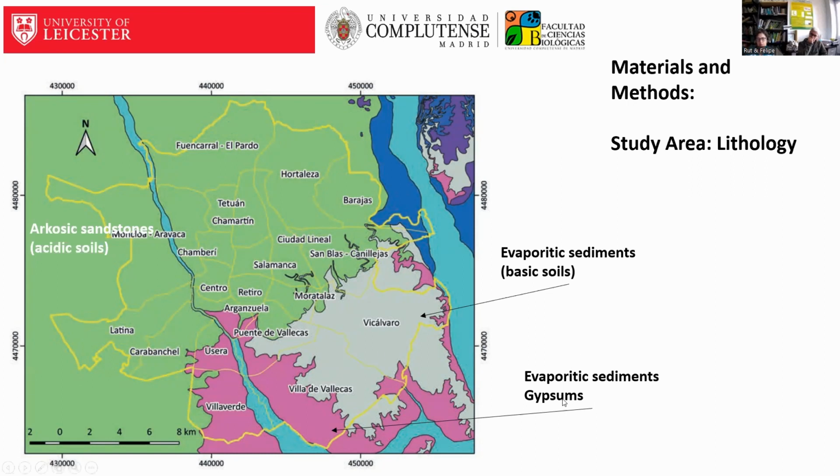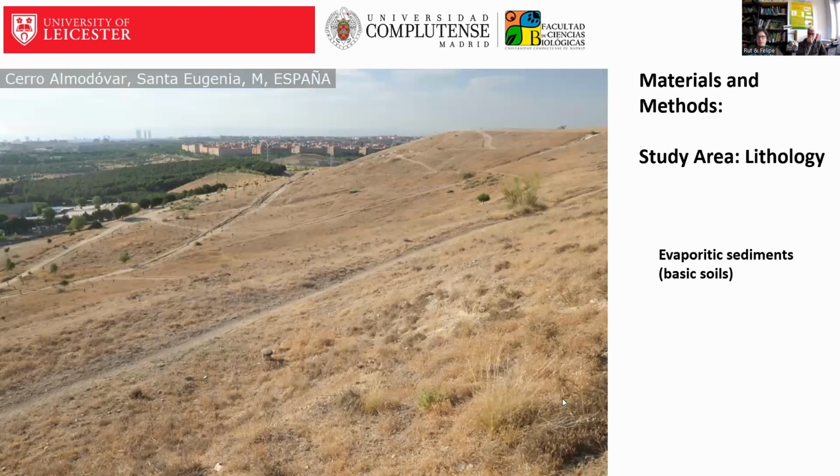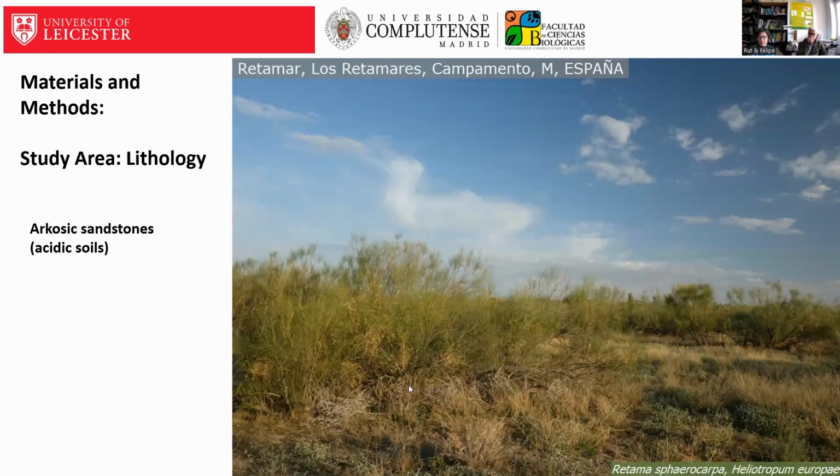We can even find gypsum, as Felipe said before. This is going to influence the flora that we find. For example, this is a landscape on evaporitic sediments, and this is the landscape growing on acidic soil.